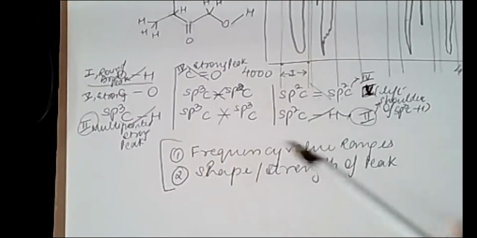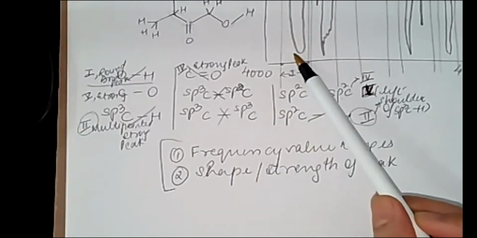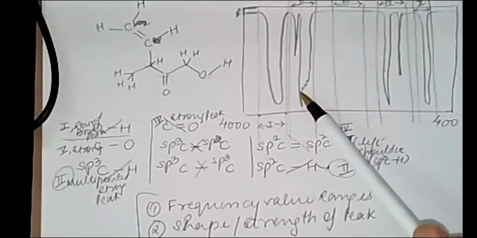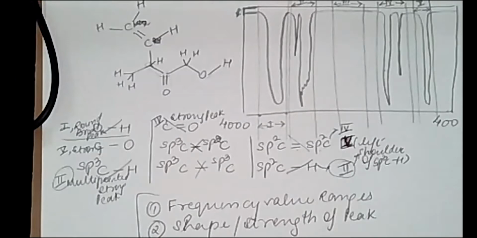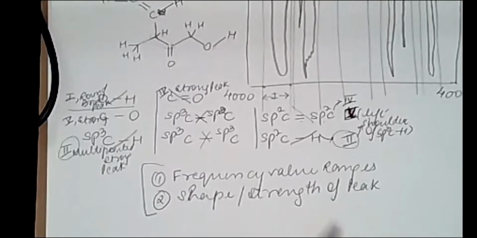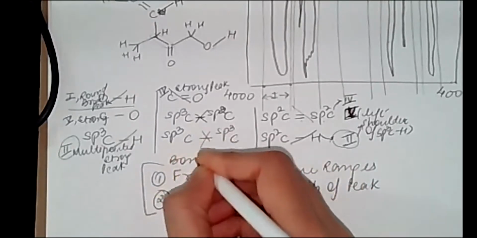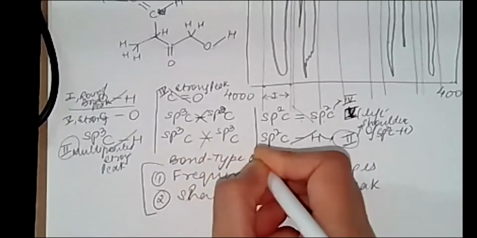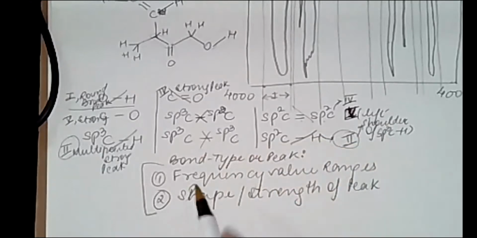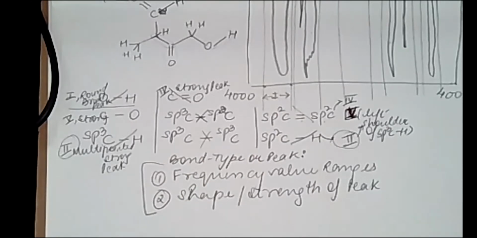This peak appears in this frequency range and its shape and strength is so and so. This peak appears in this range and its shape is so and so. So for every bond type or peak that you see, you have to label the bond type, the chemical bond type, or the peak if you're given the peak, and write both of these things when you are talking about a peak.